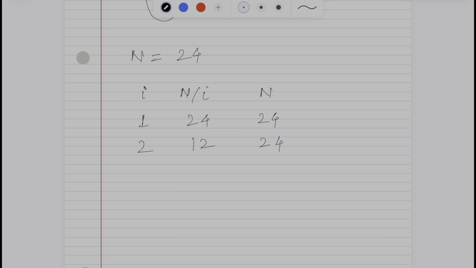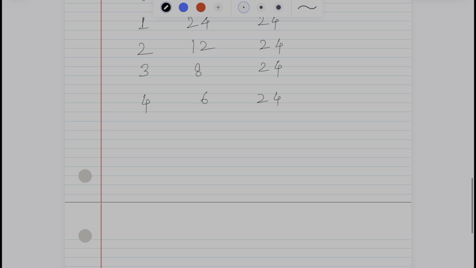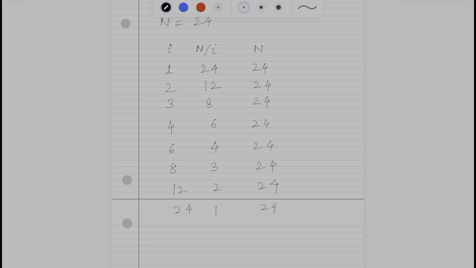Then 4, then 6, and then 24. Let's make all the possible pairs: 6, 4, 24; 8, 3, 24; 12, 2, 24; and then 24, 1, 24. These are all the possible pairs, all the factors we have for 24.